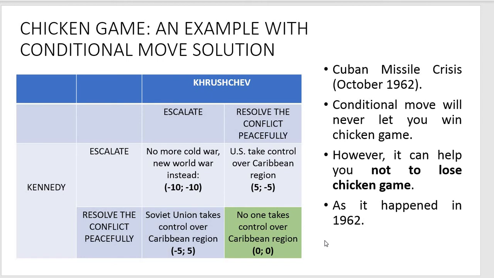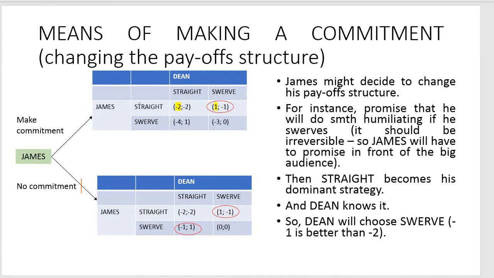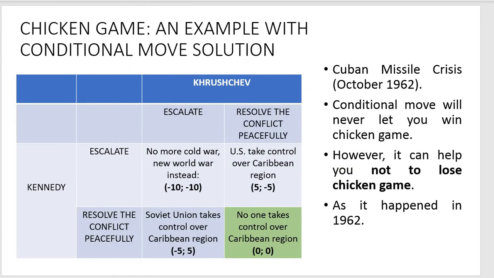So what I mean is that in order to win the chicken game, conditional strategic move is not a good option. The chicken game can be won only if one of the parties decides to go for the unconditional commitment. However, if you are not interested in the victory, but instead in not losing this game, to get at least 0 instead of -5 or -10, conditional commitment might be a good option.